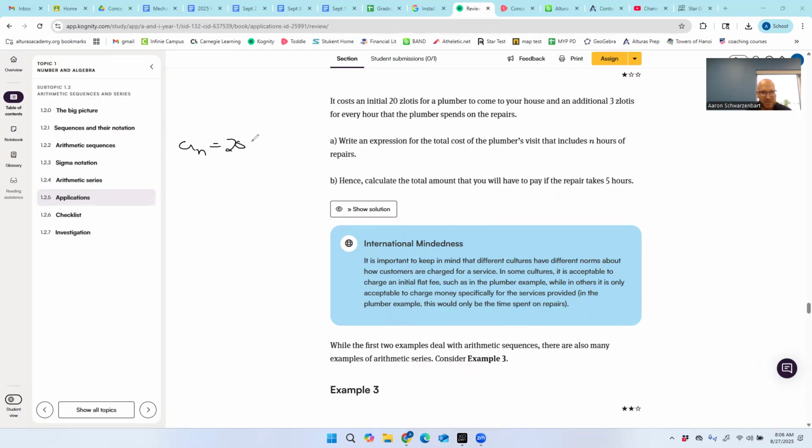So 20 plus 3. I don't have to pay the 3 for the first hour, so it is an n minus 1. We would probably simplify this, distribute 3, subtract 3 from 20, and get 17 plus 3n, or I think the book often writes it as 3n plus 17, which is probably more your normal order.